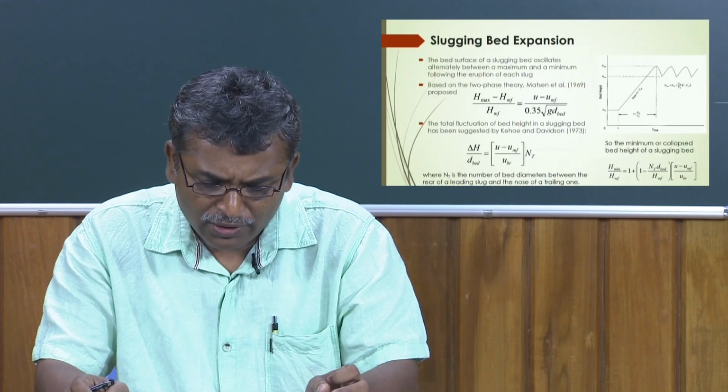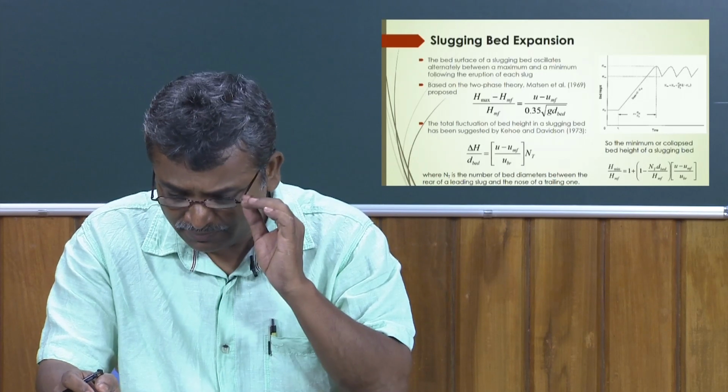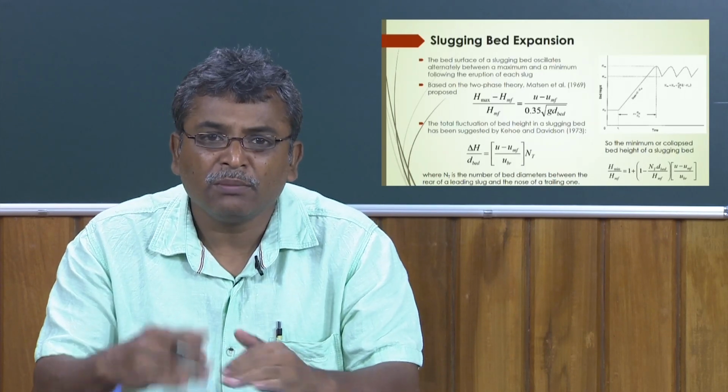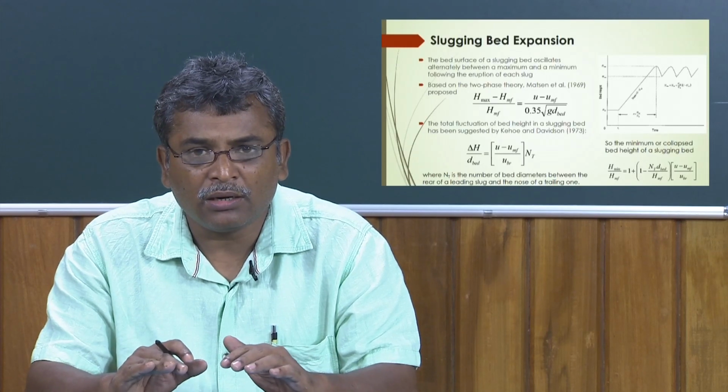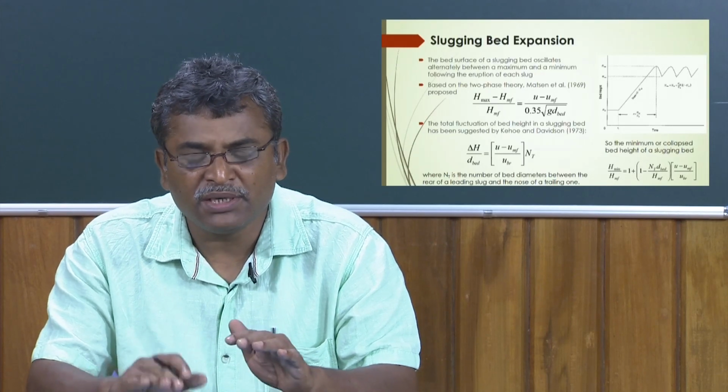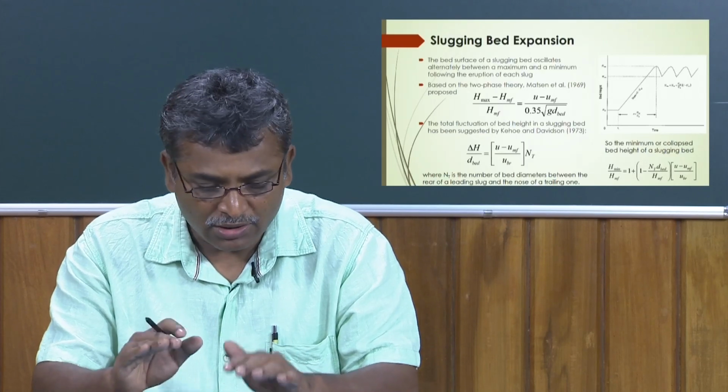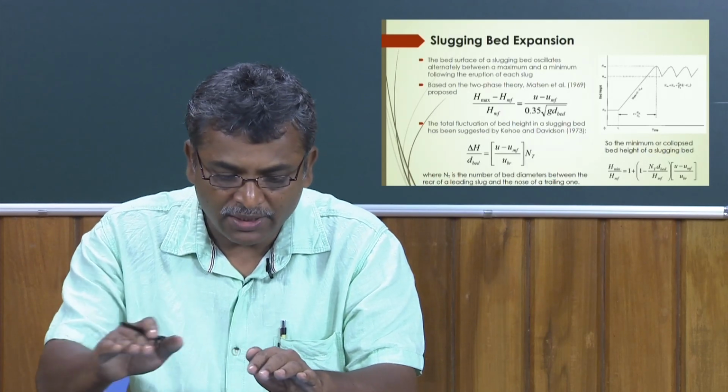And then another important point, the bed surface of the slugging bed. Whenever it is operating, there will be an oscillation of the bubble, or you can say the media of the bed will be oscillating, that means the surface of the bed will be oscillating.